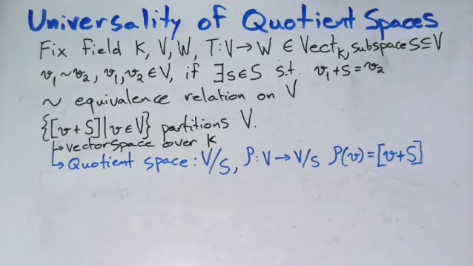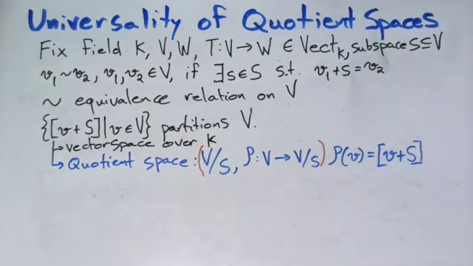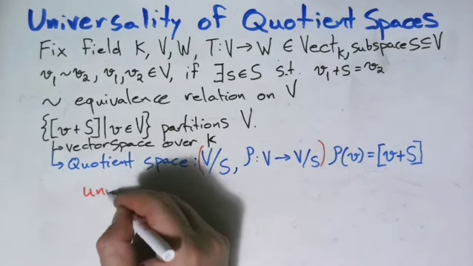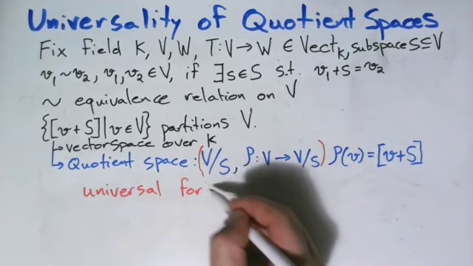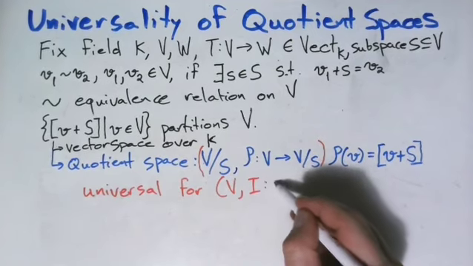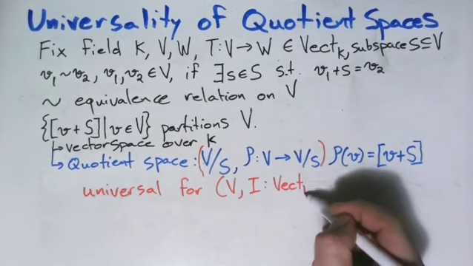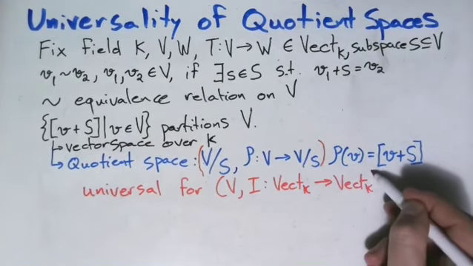So what we want to ask ourselves is this pair of the quotient space and the canonical projection into that quotient space, is this universal for the vector space V and the identity functor going from the vector spaces over K into the vector spaces over K?